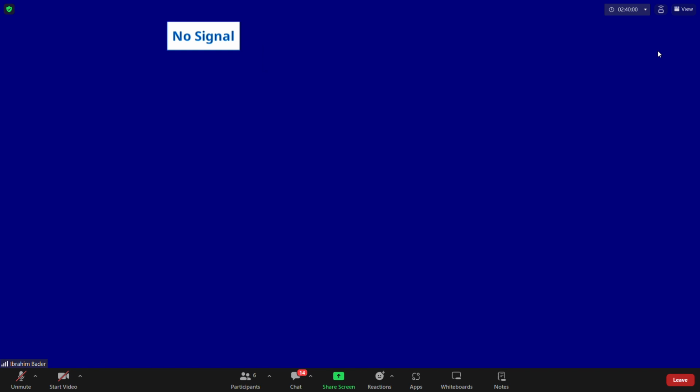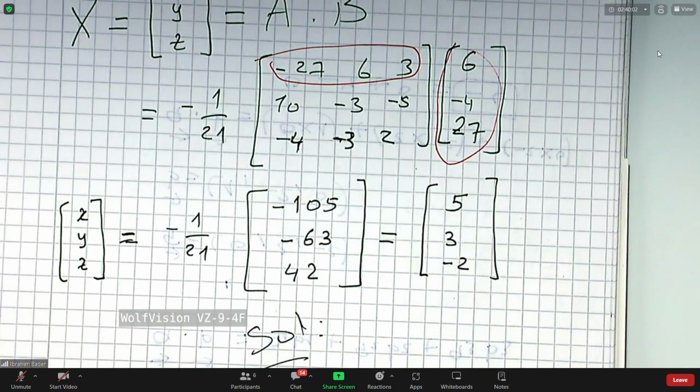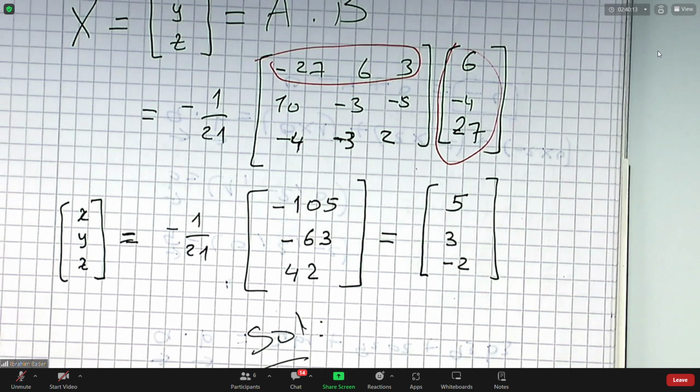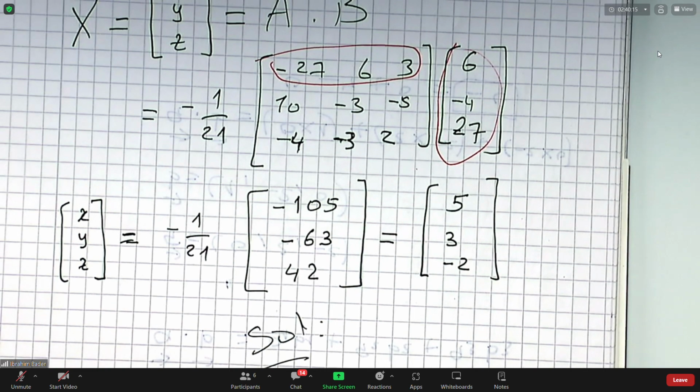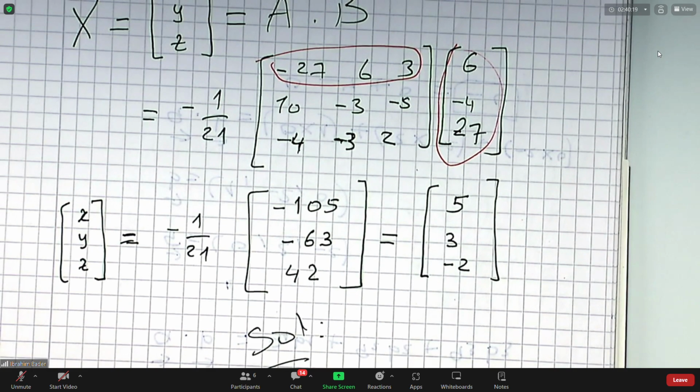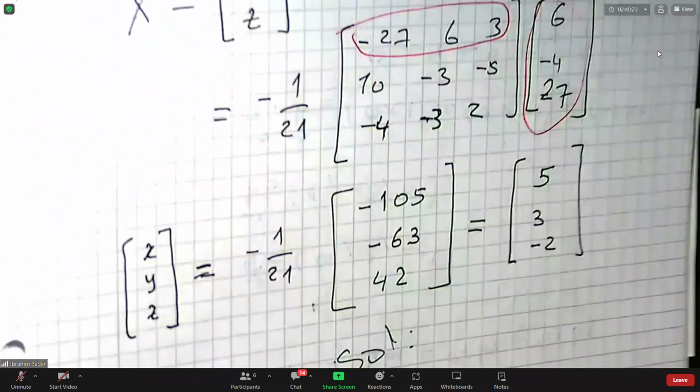Okay, so this is the solution of my linear system. X equals 5, Y equals 3, Z equals -2. So X equals 5, Y equals 3, and Z equals -2 is my final solution of this.